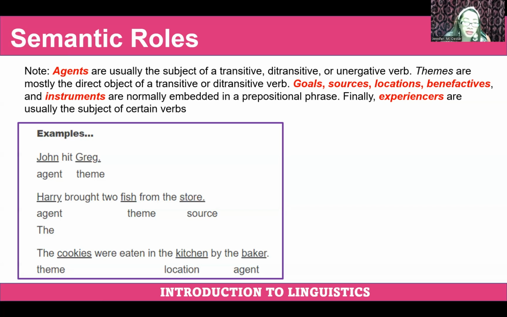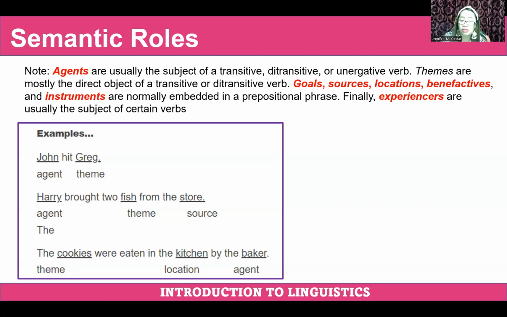Then, Harry brought two fish from the store. So, fishes siya supposedly kung different na uri ng isda. Isang galunggong, isang tilapia. Pero kung siya ay same kind naman, fish pa rin siya collectively. So, yun po yung difference. So, Harry brought two fish from the store.